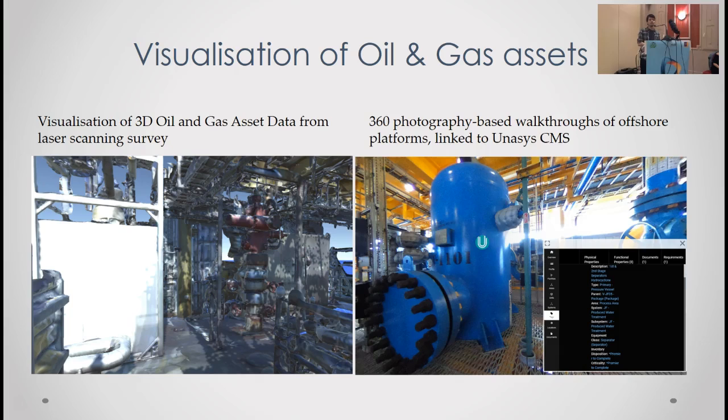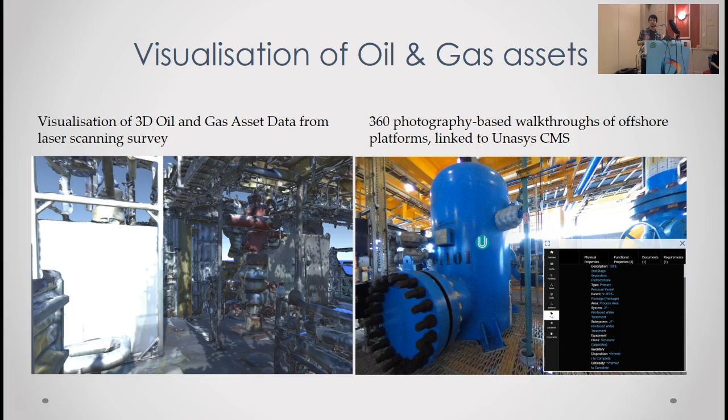To provide the visualization, we've explored two approaches. The first one is visualization of 3D data, which was obtained using a laser scanning survey. And the second one is using 360 photography, which is used to develop walkthroughs for the platform.